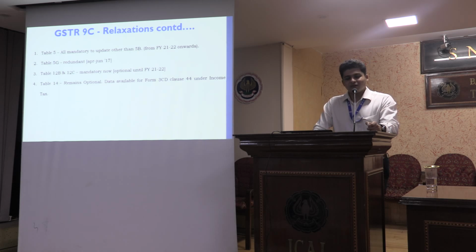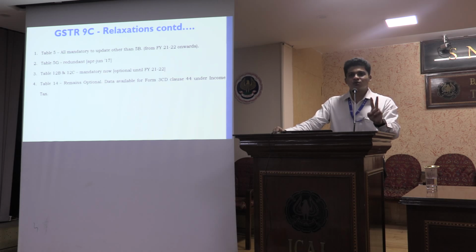In table 5, all the tables other than the first, which is table 5B, are mandatory. A very common mistake being made across is that till date all the turnover adjustments are shown in table 5. The other tables are not being used for disclosure, but those tables were mandatory for the last 2 years. It remains mandatory now also.